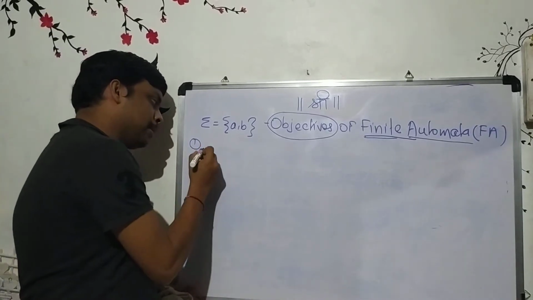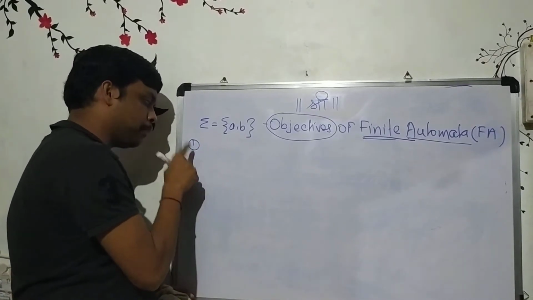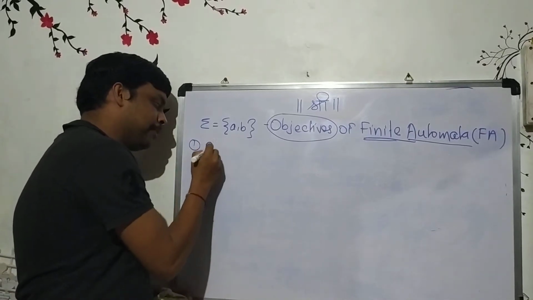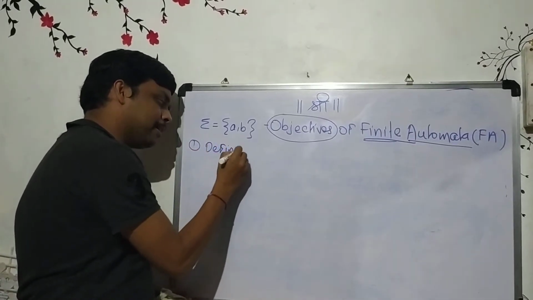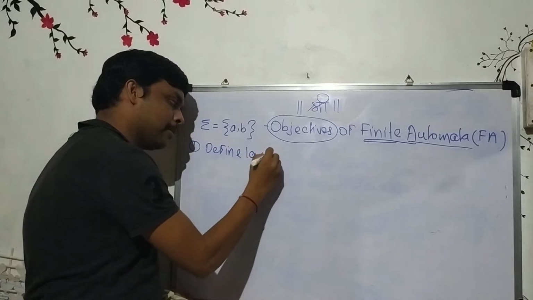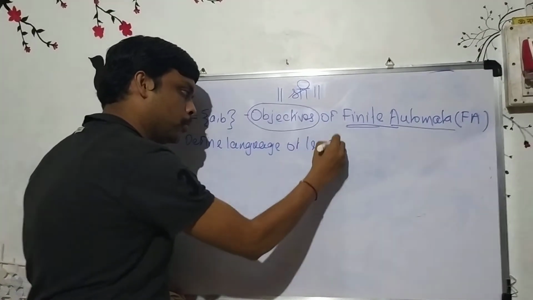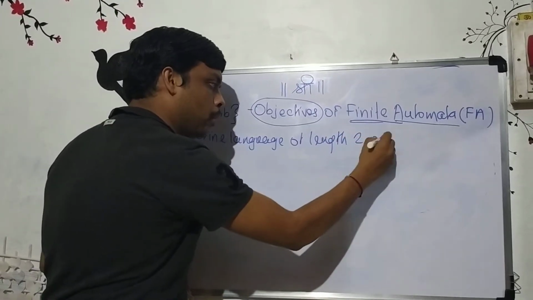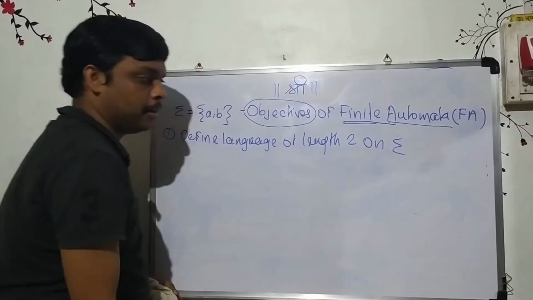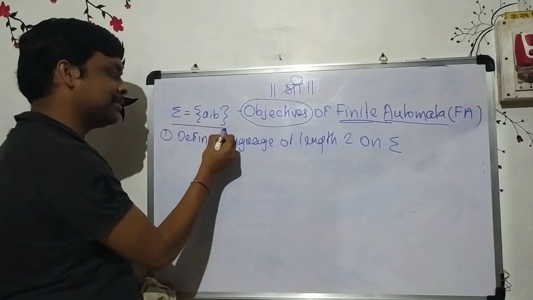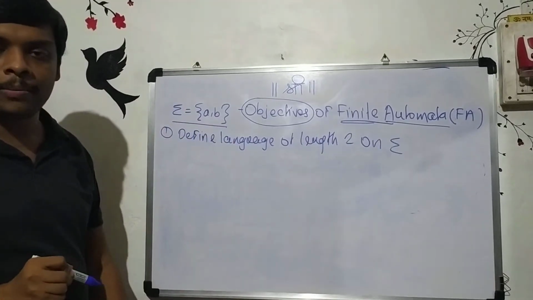Suppose your question is: define a language of length 2 on sigma, where our sigma contains a comma b.